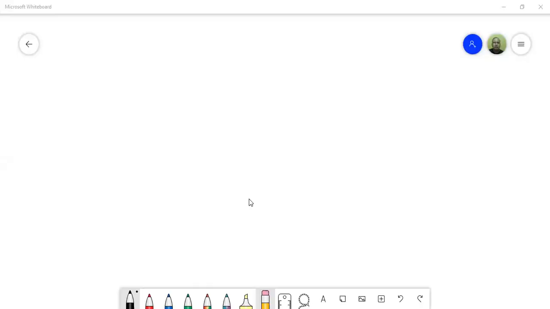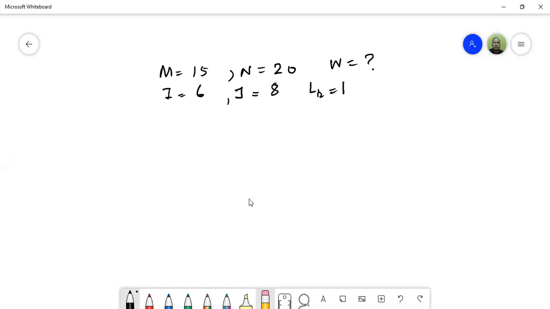Beta, please switch on. You are given M is equal to 15, N is equal to 20, W is unknown, I is 6, J is 8, LR is 1. LC is 1. The address given is 4440 and base address is given as 4000.